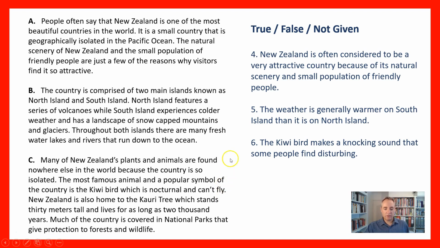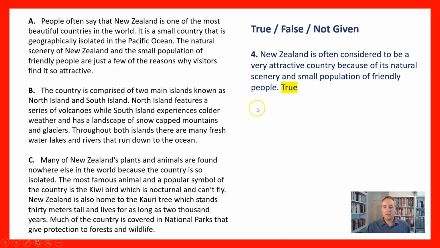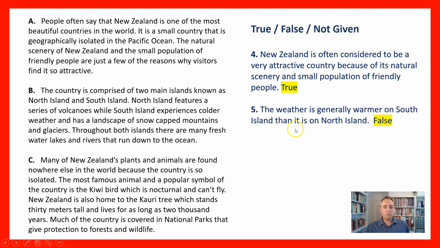All right, so hopefully you've got your answer. Let's have a look now and turn to some of the answers. So true, yes. Considered to be a very attractive country because of its natural scenery, a small population. That is true. Like we said, we analysed that before. The second one is false. Weather is generally warmer on South Island than it is on North Island.